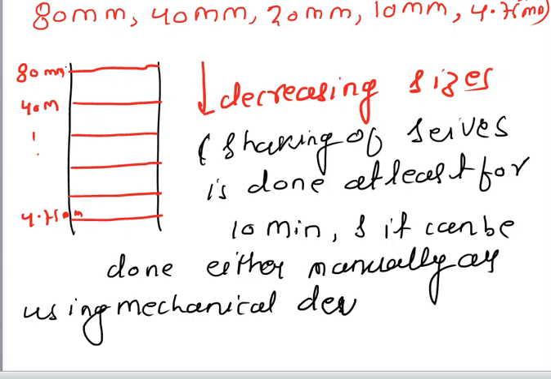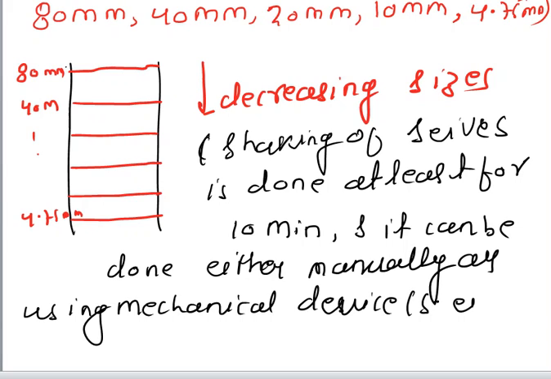What is this mechanical device? There is a technical term called sieve shaker. This is a sieve shaker. The energy which you would apply manually is not required. It will be automated energy.